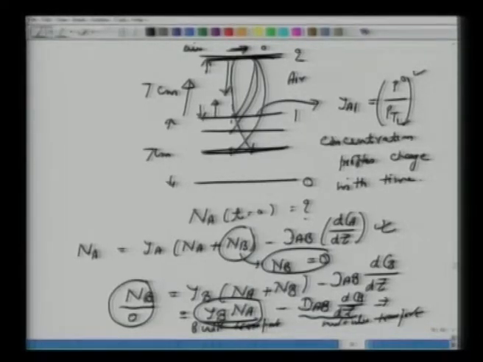But at any instance, whatever amount of air diffuses by molecular diffusion is balanced by this bulk transport in the opposite direction, and we have stagnant air in the medium. So that's the meaning of air is stagnant.